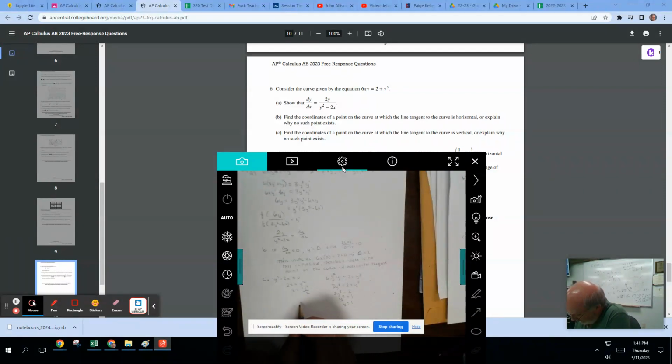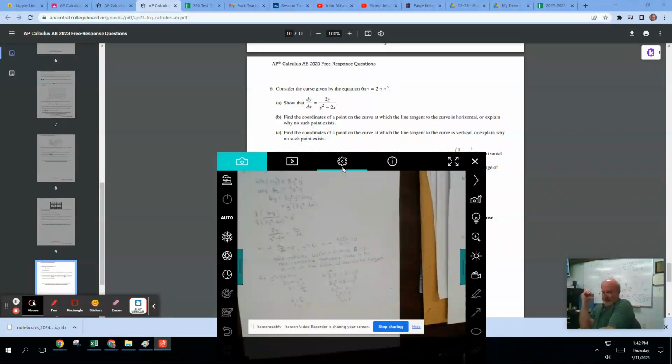Oh, here we go. That would mean that x equals 1/2. So the point 1/2, 1. If I plugged in 1 and 1/2, that would definitely give us the vertical tangent.